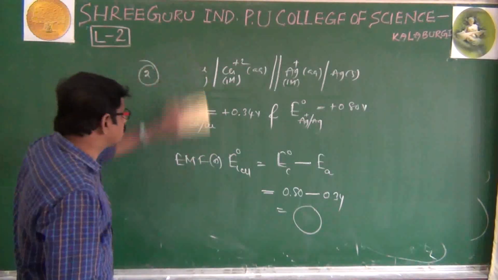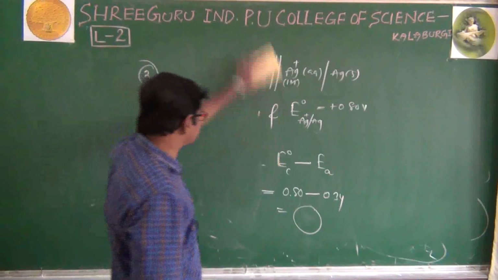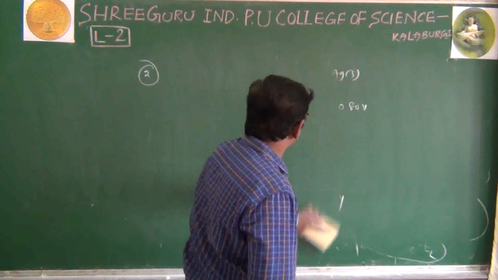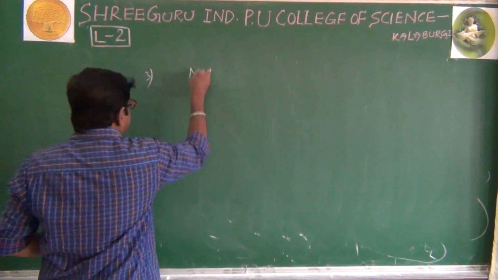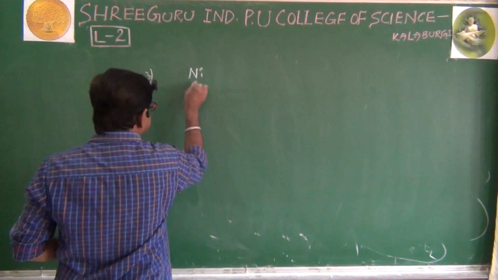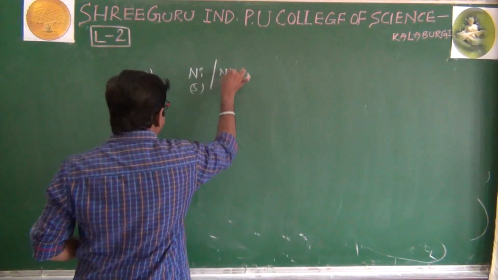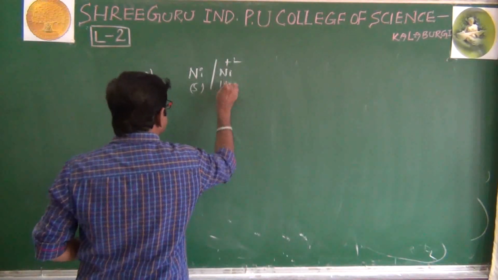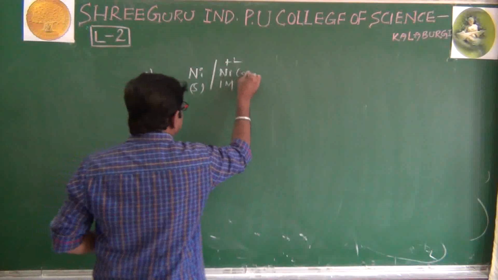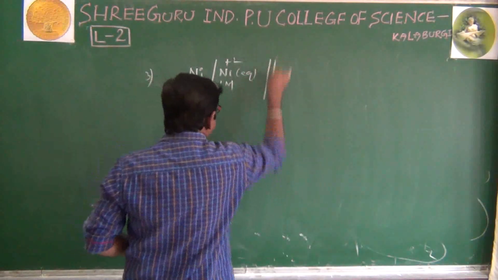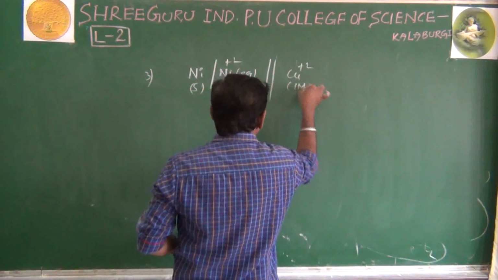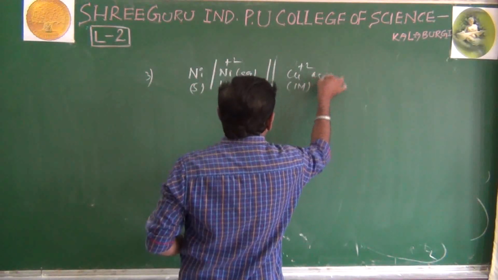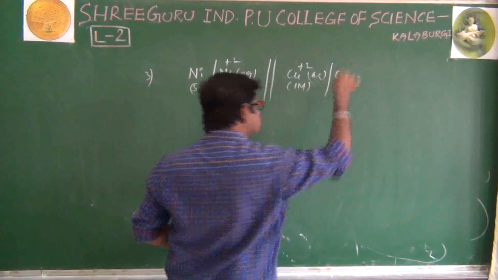Next we'll go to one more example. Third example: nickel oblique Ni plus 2, of course 1 molar concentration only, salt bridge, Cu plus 2, of course 1 molar concentration only, oblique Cu.